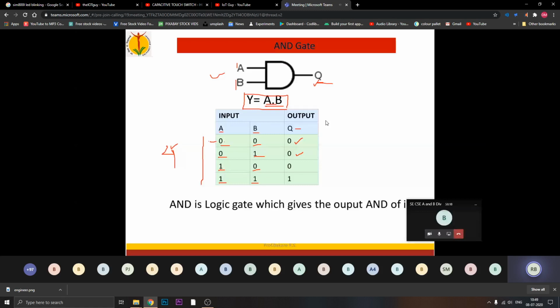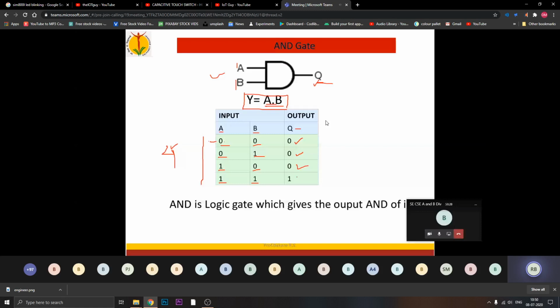Third, 1 AND with 0, we get 0. And the last, 1 into 1 or 1 AND with 1, we get 1. So this is the truth table of the AND gate.